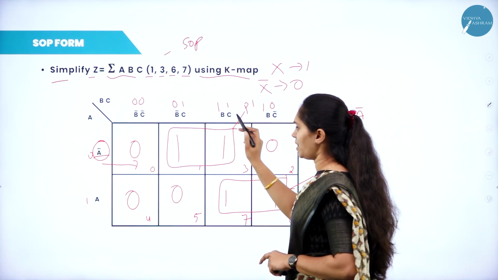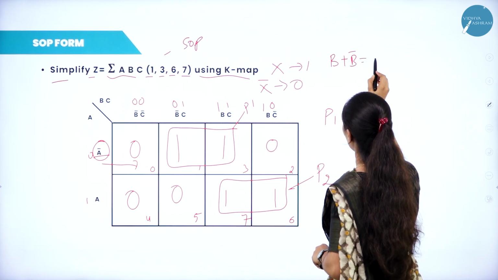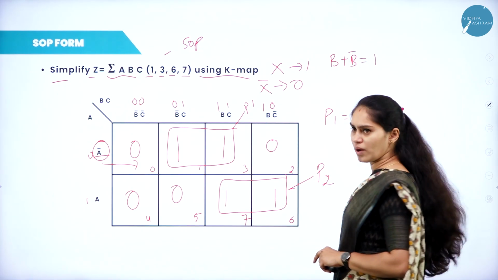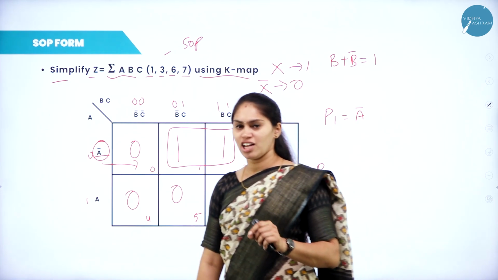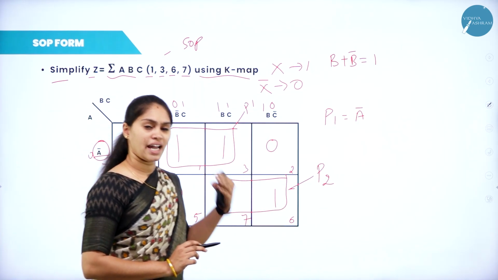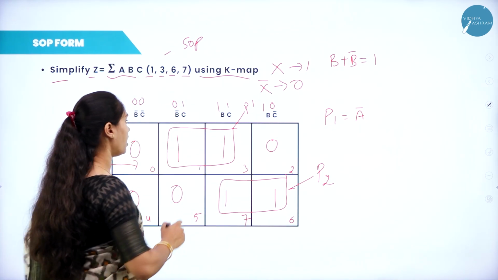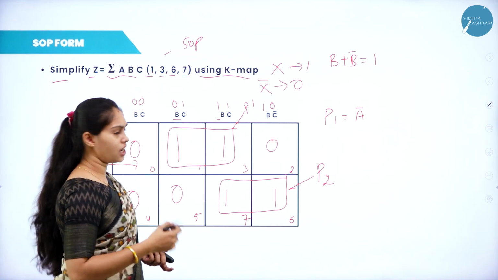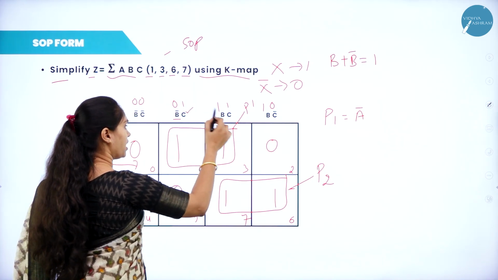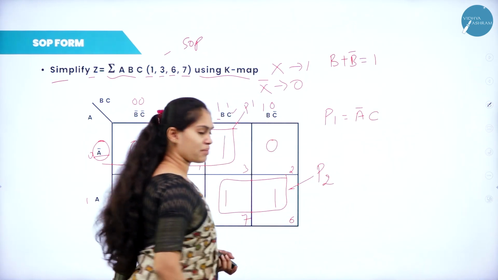B bar C, B C. As we all know, as per the law, B plus B bar will be 1. If I add any variable with its complement, it will be 1. If I multiply any variable with its complement, that will be 0. So B and B bar get cancelled, and the remaining common variable will be only C. So it will be A bar C.